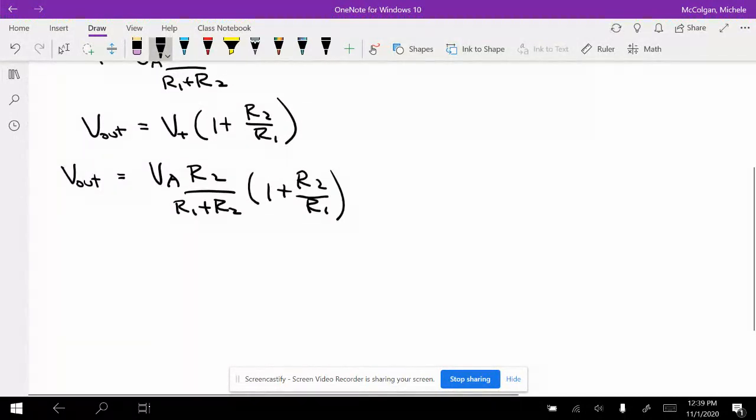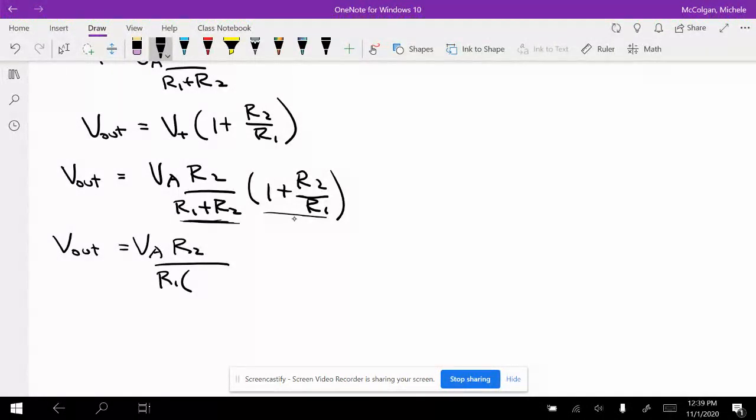And now I'm going to rewrite this denominator here, because I want to see if I can rewrite it so that I can cancel this term with this. So how do we do that? Well, I'm just going to factor out an R1 here. So I have VA times R2 over R1 times 1 plus R2 over R1.